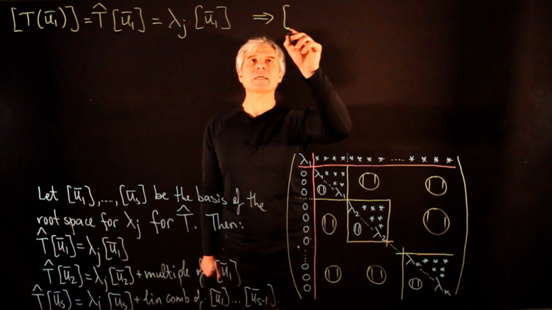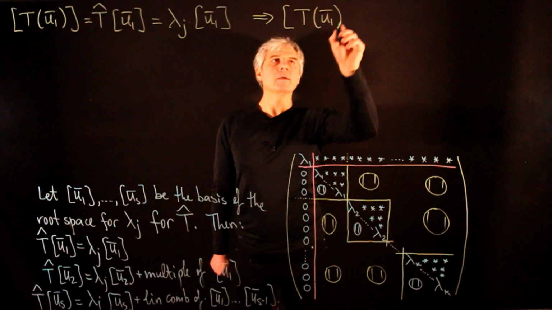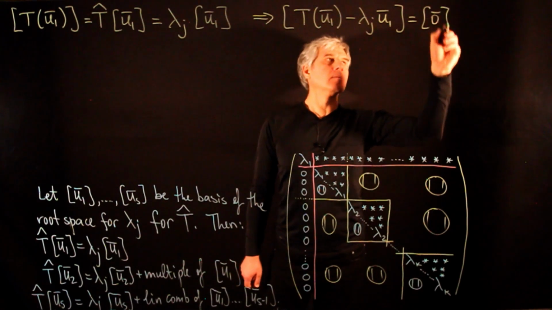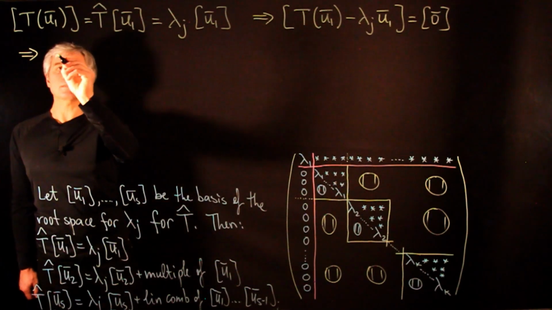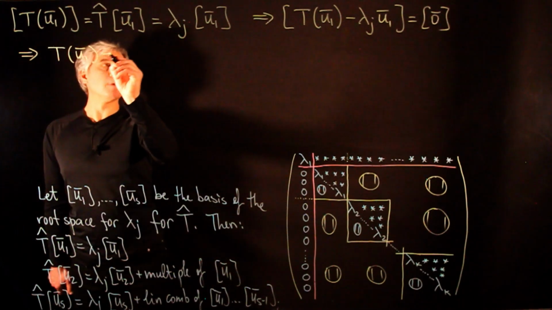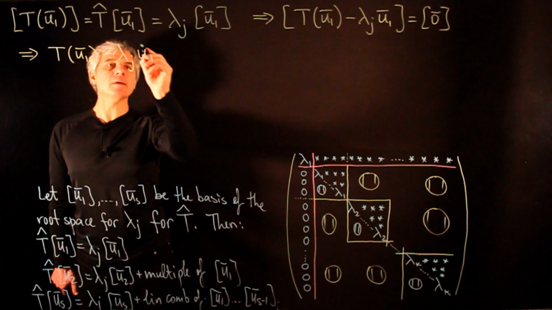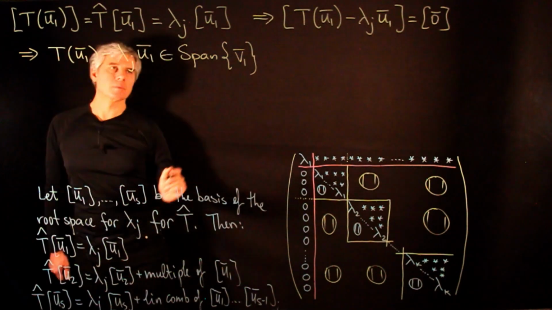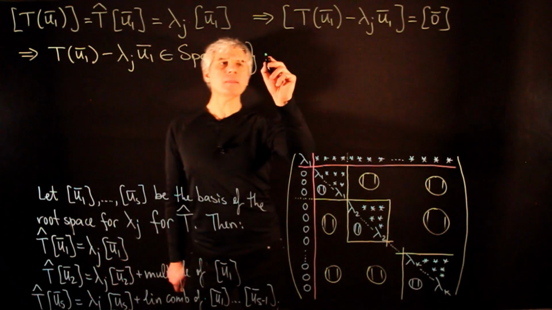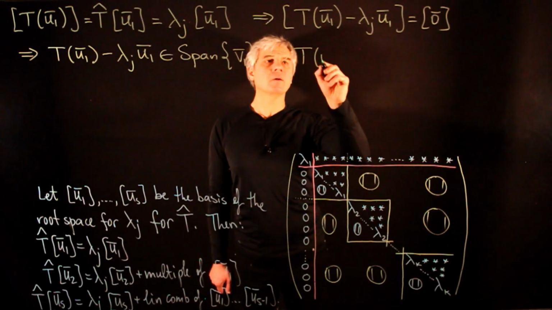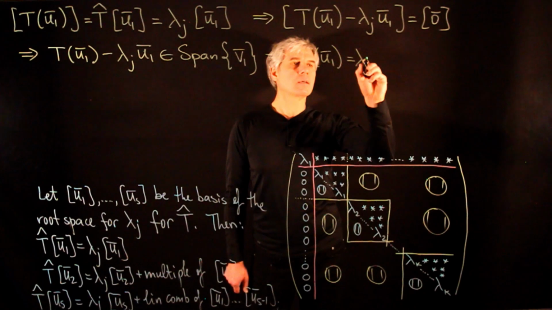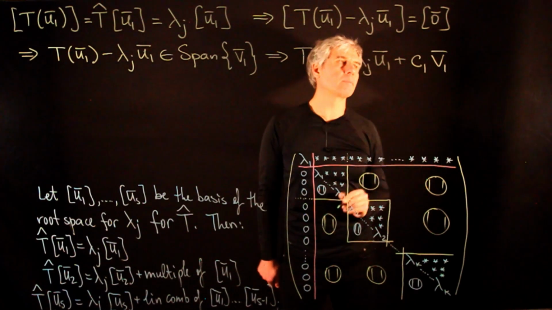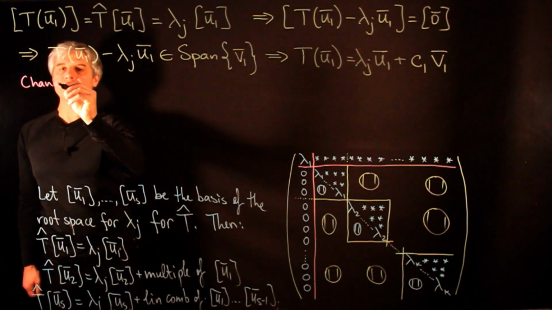This tells us that the class of T of u1 minus lambda j times u1 is the zero class, which tells us that T of u1 minus lambda j times u1 belongs to the span of our vector v1, which is our subspace W. And then this tells us that we can write T of u1 as lambda j times u1 plus some scalar c1 times v1.